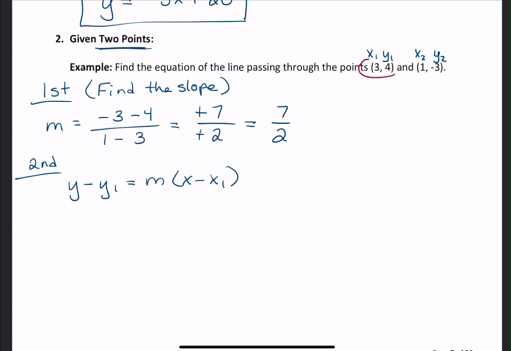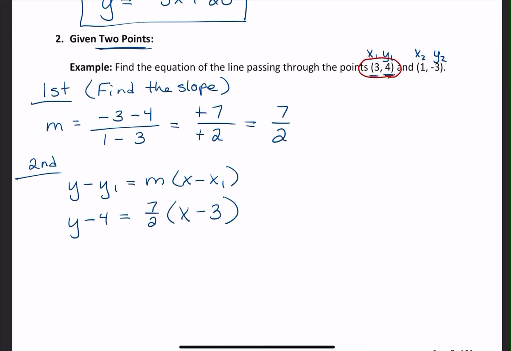So it doesn't matter which one you choose. I'm going to choose the point 3, 4 just because it doesn't have a negative, and I'm going to plug that in. Y minus 4 equals, my slope was 7 over 2 that I just found, and then x minus 3. So that's using x1 and y1.